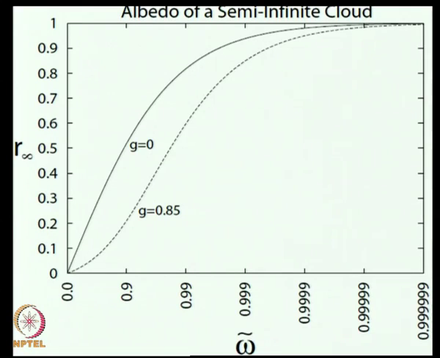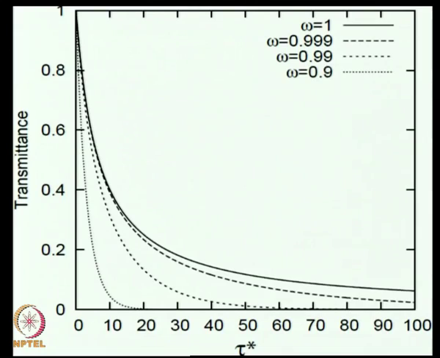But in most real situations where there is some absorption in the cloud, you are going to be somewhere in this regime, and you can see here there is a large difference between the albedo, which is around 0.05 for asymmetric scattering, to around 0.35. So, there is a decrease in the albedo of the cloud by a factor of 7 as you go from G of 0 to 0.85. This must be kept in mind, that the single scattering albedo is a very important parameter in this situation.